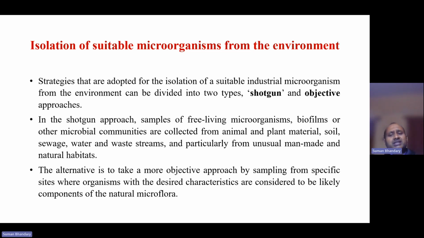So first we will discuss the shotgun approach. The shotgun approach involves collecting samples from a diverse range of environments without specifically targeting a particular microorganism or a group of microorganisms.